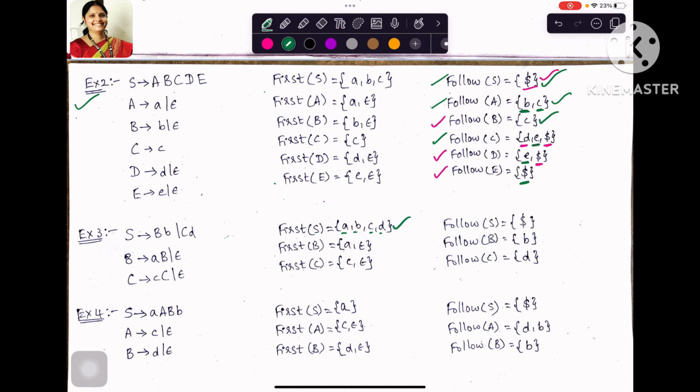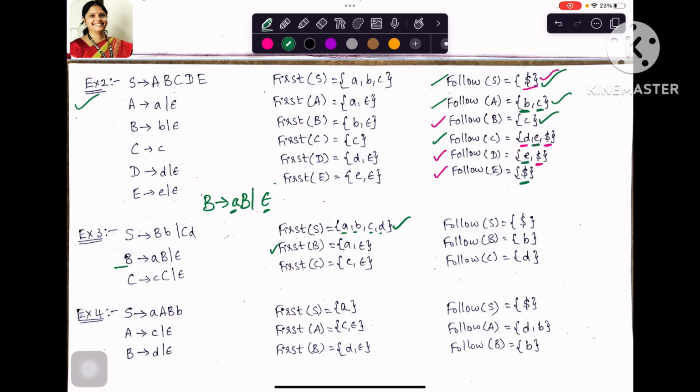Now let us find out the first of B. So we will find B in the left hand side of the production. Here is a production, that is B produces A, B slash epsilon. So the first of B will become A, as this is one production, and epsilon the other production.